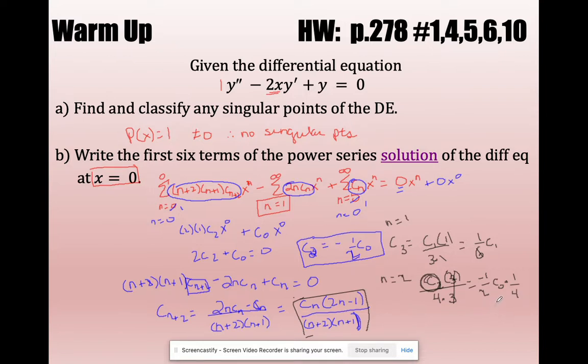So I end up with negative 1/8 c sub 0. I'm going to let you go ahead and figure out some of the rest of your terms because I asked for the first 6.